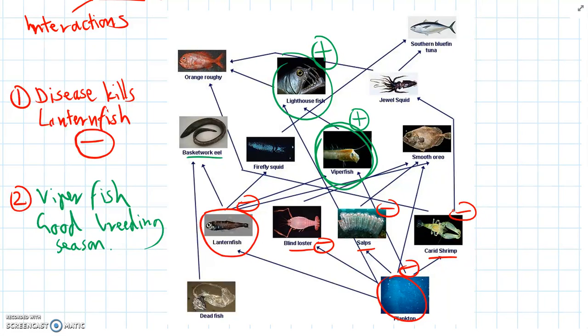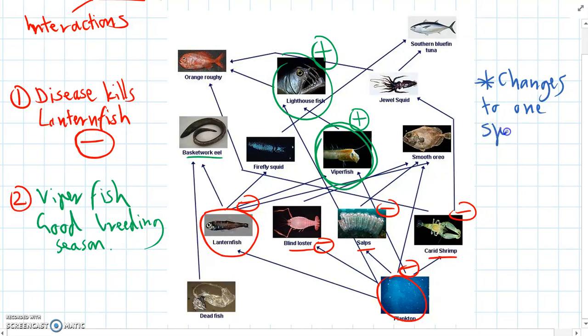So we can see that even if just one species changes in number in an ecosystem, there are lots of possible effects in the food web that can happen. So the overall message is that changes to one species can affect lots of other species. Changes in one species affect many others.